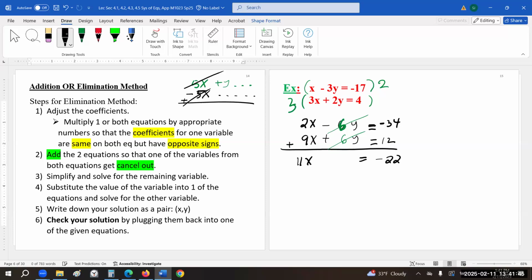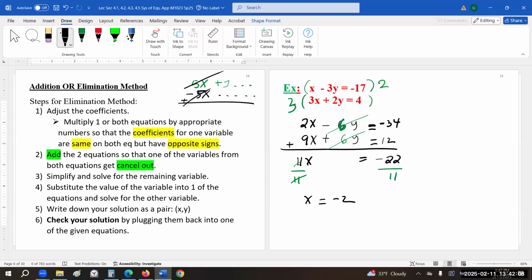Negative 22. To solve for x, we do what? Divide by 11. So how much is x? Negative 2. See, we eliminated y, we got x.